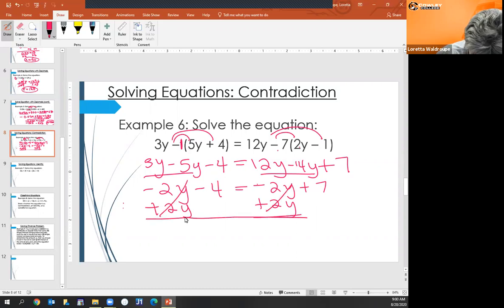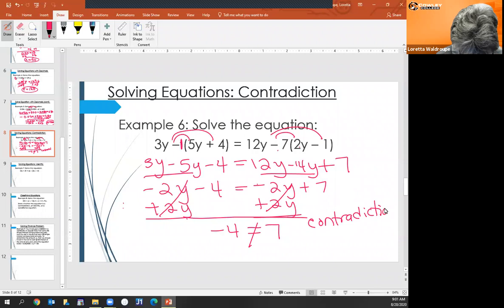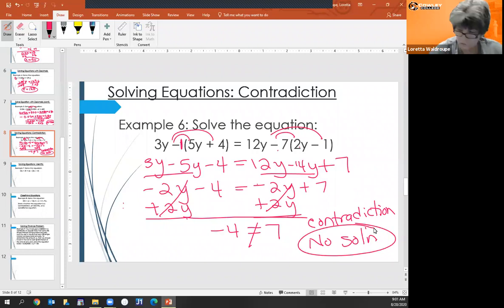You're left with negative 4 equals 7. That is not true. So this is called a contradiction because that's contradictory. And for a contradiction, there's no solution. Okay?